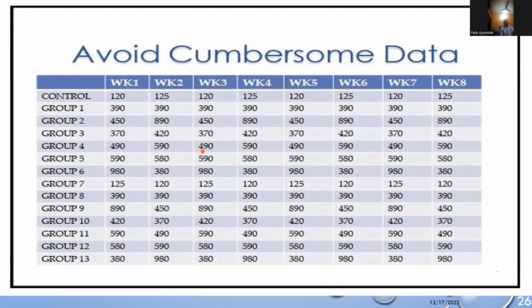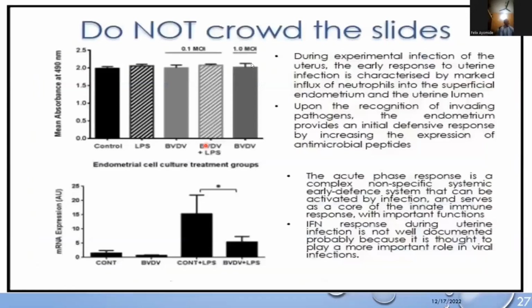You can highlight them by putting superscript, or by even changing the color, so that at a glance your audience can actually pick the differences in what you are presenting. This is the kind of crowded slide, like I earlier told you, which is not correct.